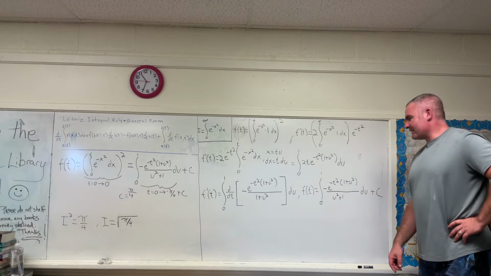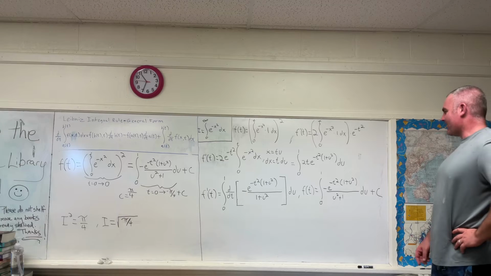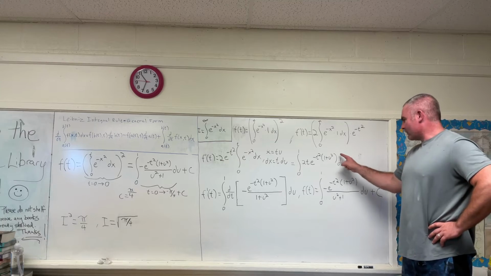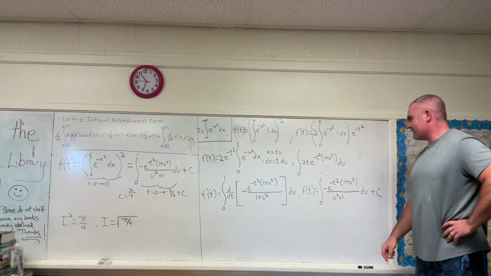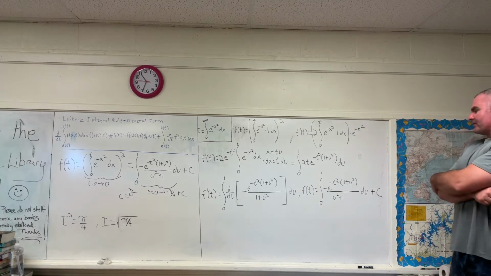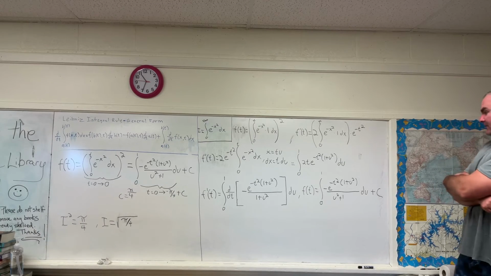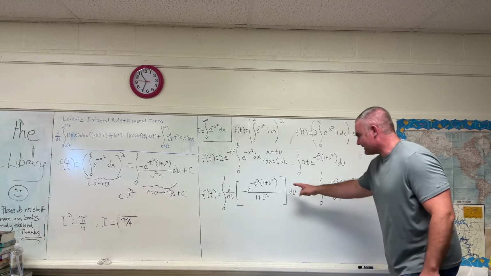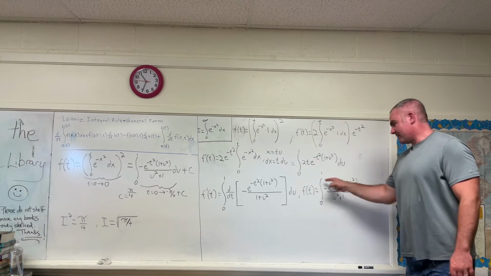The next step is kind of a little bit of fancy pants math, as Professor Leonard would call it. I just rewrote this integrand right here as the partial with respect to t of some other function. That's written right there. You can see that if you take the derivative with respect to t of this thing, you'll get this thing.